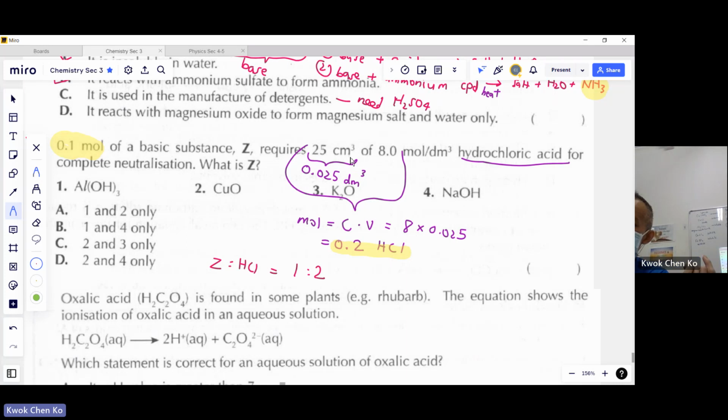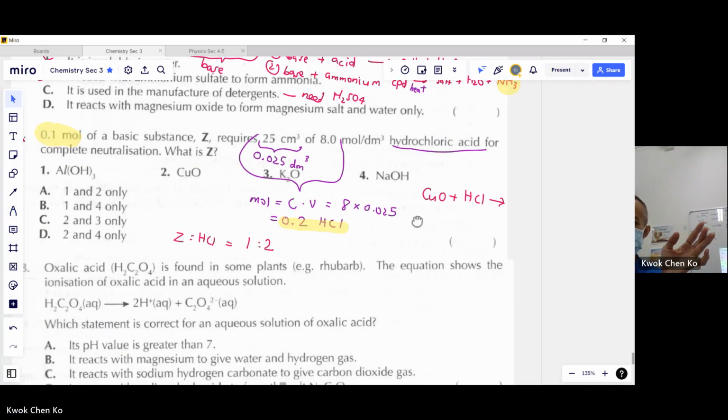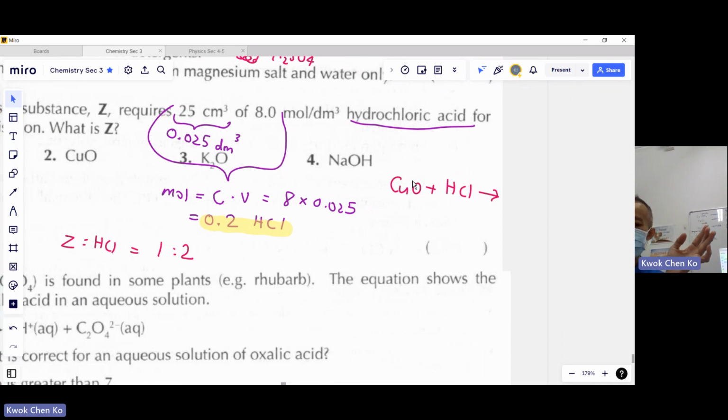Come, let's try. Copper oxide plus HCl. Oh, you're supposed to know how to balance, of course. Let's try copper oxide. What do you get? Come on, guys. This is a base, right? This is an acid, right?